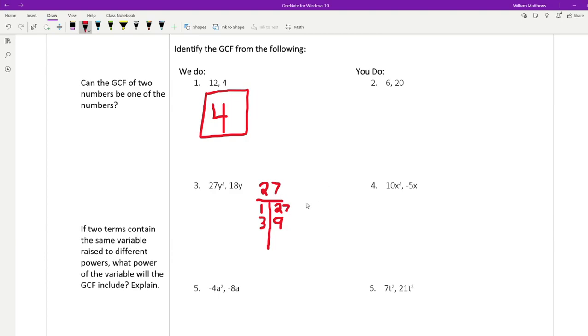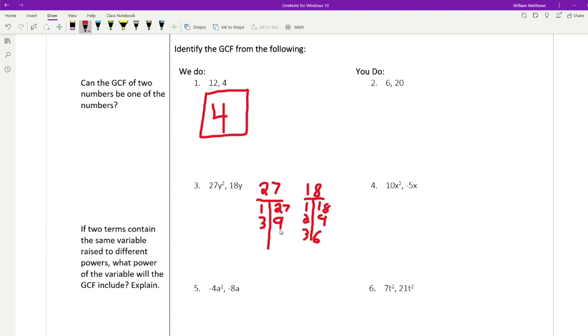And then we can do the same thing for 18. Now, if you have an understanding of how factors work, you may already know what the largest factor is. But just to show everyone, we break every one of these down. But here, we can see the largest number so far is our 9. I can break this down even further. 3 and 6, it's not divisible by 4, 5, and then we're back to 6.